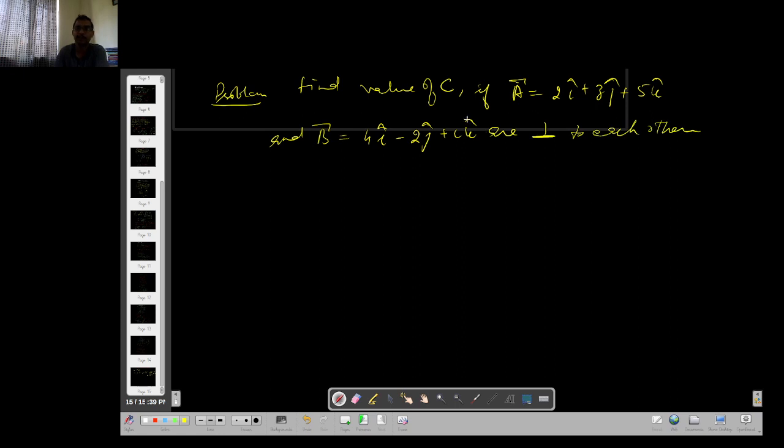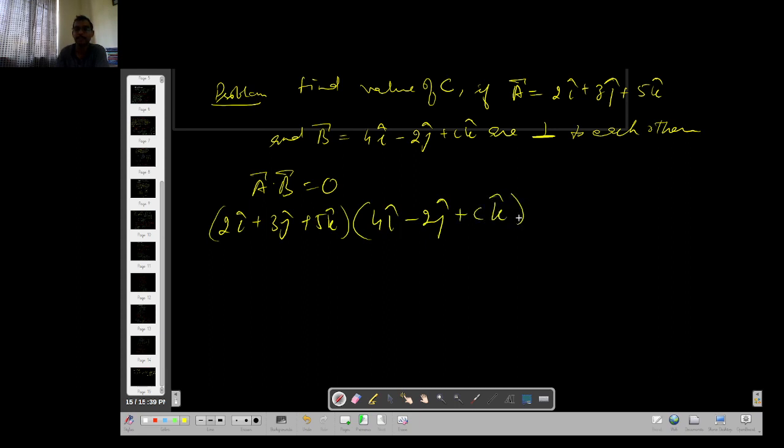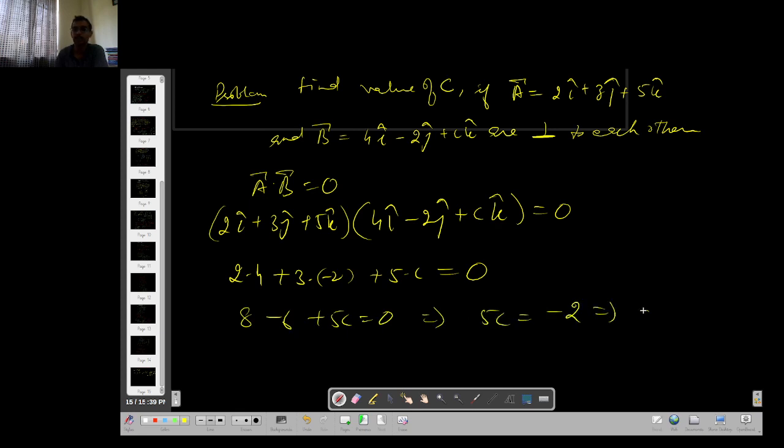For these two vectors to be perpendicular, as we know, the dot product must be equal to 0. So let us put their values: 2i cap plus 3j cap plus 5k cap dot 4i cap minus 2j cap plus ck cap is equal to 0. So it is 2 into 4 plus 3 into minus 2 plus 5 into c is equal to 0. So it is 8 minus 6 plus 5c is equal to 0, which implies 5c is equal to minus 2, which implies c is equal to minus 2 upon 5. So this is the value which we are getting.